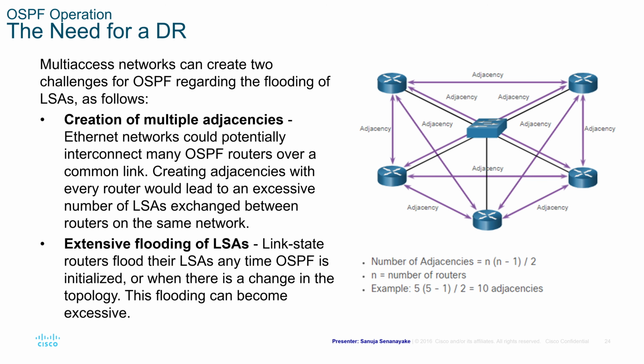Creating adjacencies with every router would lead to an excessive number of LSA exchanges between routers on the same network. So it's going to create more overhead. Extensive flooding of LSAs. The link state routers flood their LSAs anytime OSPF is initialized or when there is a change in the topology. This flooding can become excessive as well.